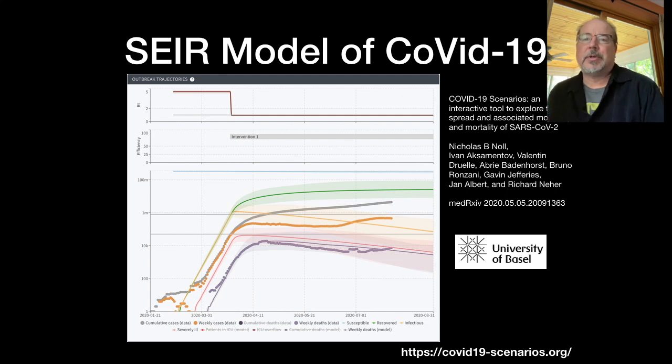We also include weekly deaths in this model, and we can use this model to fit the reproductive number. You can see in this scenario that in March, when the growth of the infection was exponential, it's a straight line there in March, the growth rate corresponded to an effective R of 4.5.